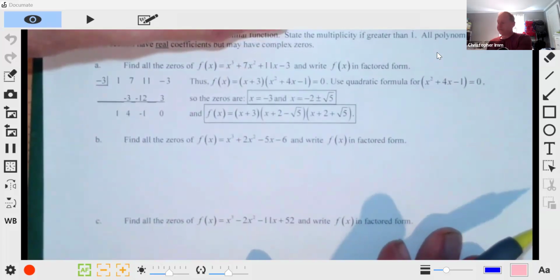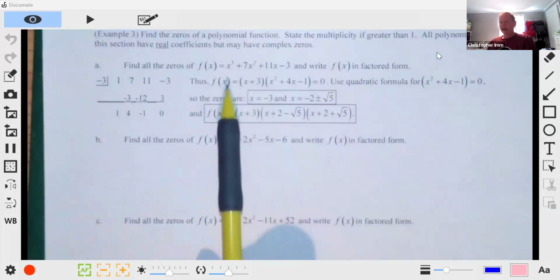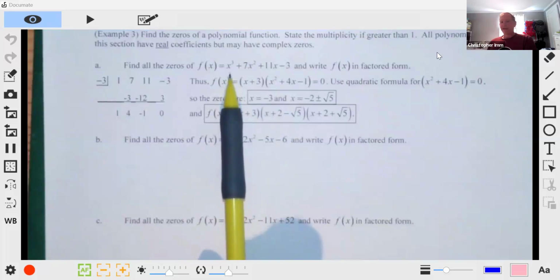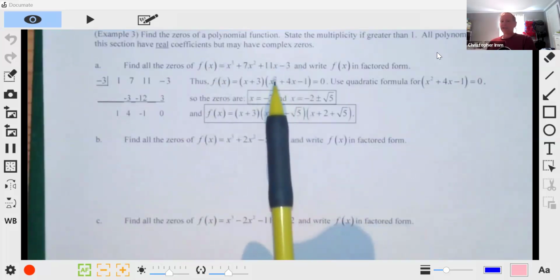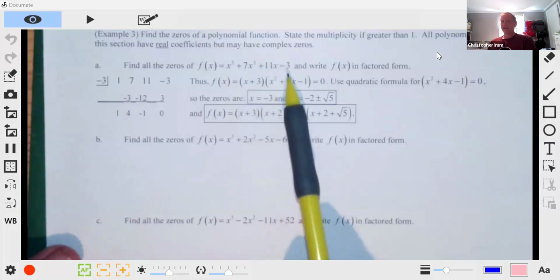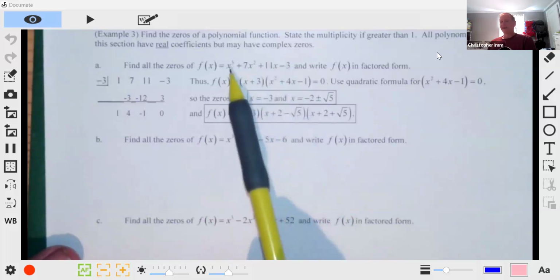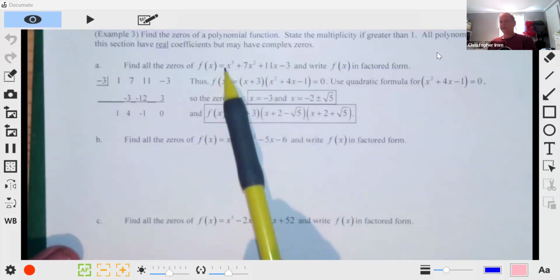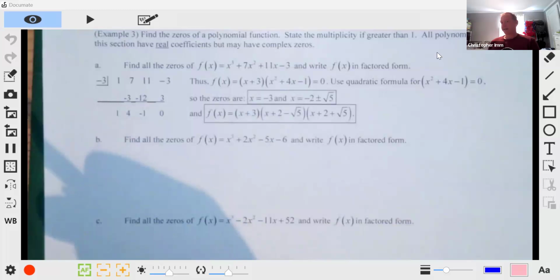So in the first one, what I did was I found the end behavior, which is not really important for this exercise, but it will tell us the holistic approach of graphing this function. And then I used the rational zero theorem to find the factors of the constant term, or the factors of the leading coefficient, to find the possible rational zeros.